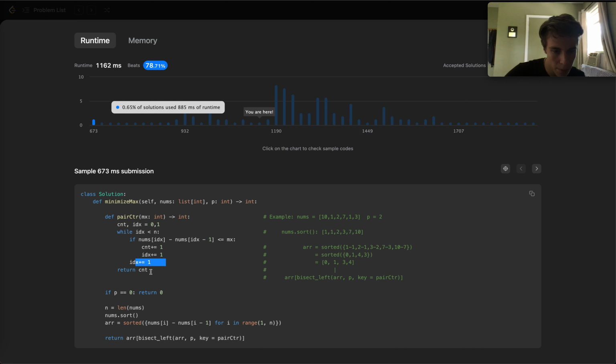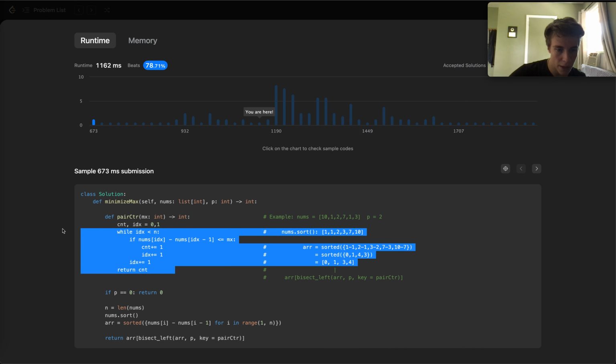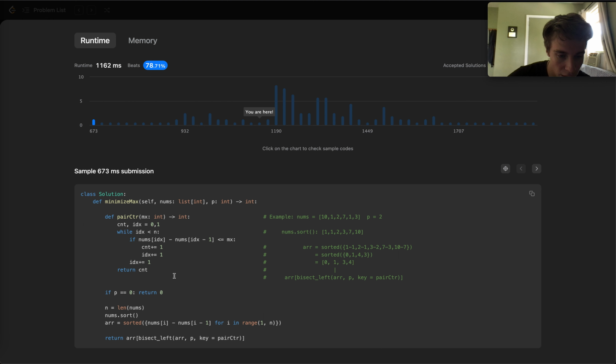So this is pretty much the same function that we had defined. Ours was called valid, but what it's doing here is simply counting the number of pairs possible with a specific max difference.